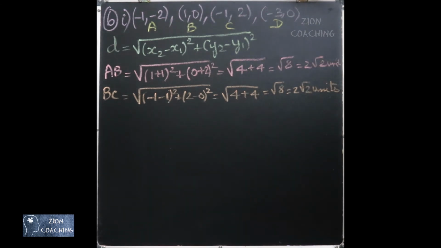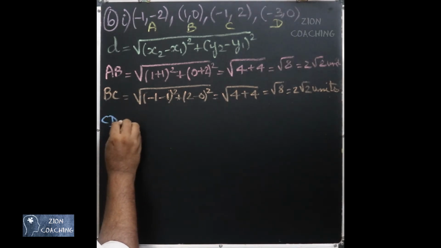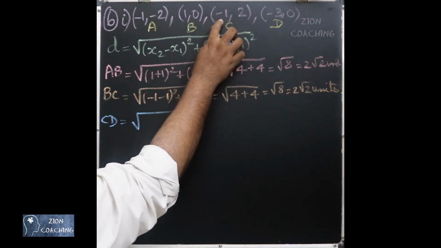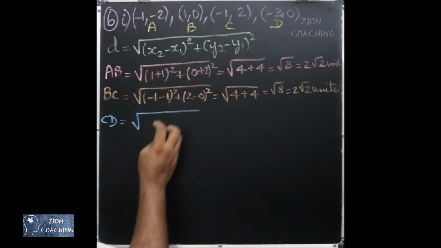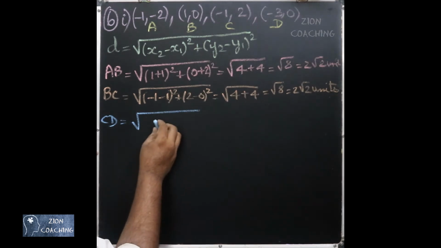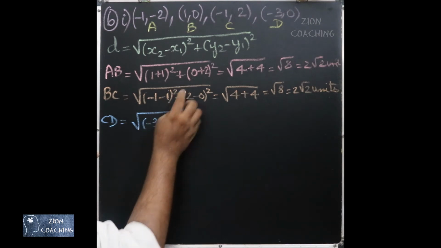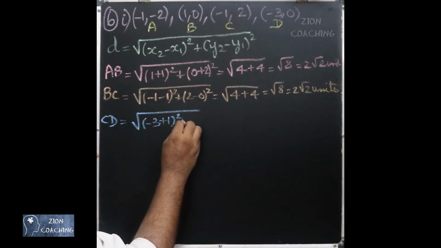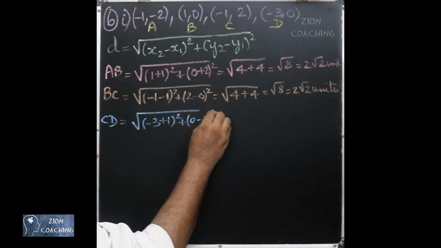Now the third side is going to be CD. This is your x1, y1, this is your x2, y2. So we have minus 3, minus of minus 1 will be plus 1, the whole square, plus (0 minus 2) the whole square.